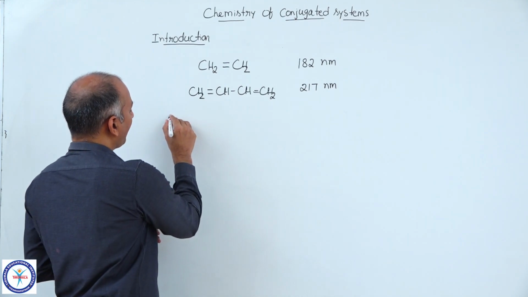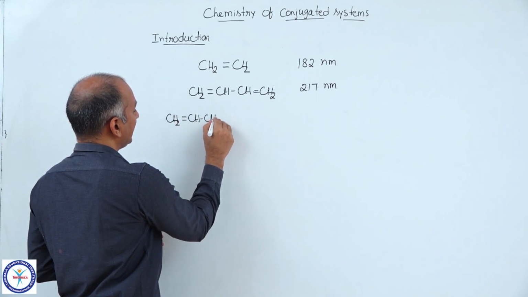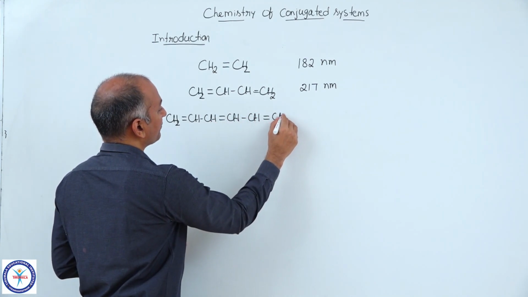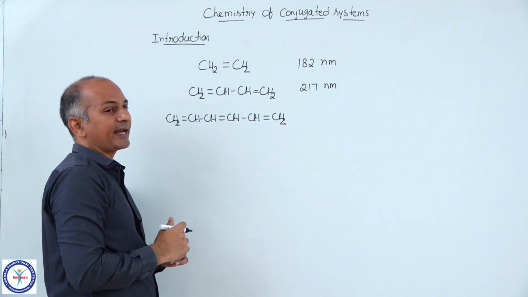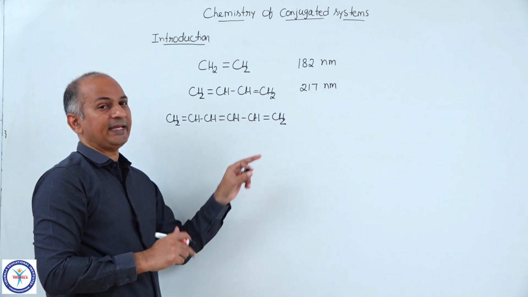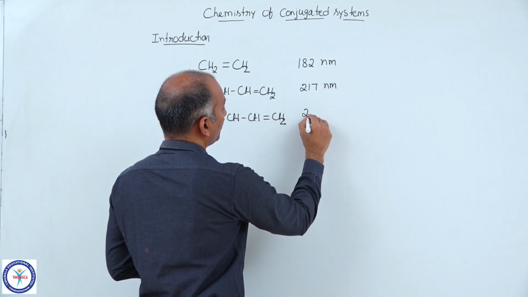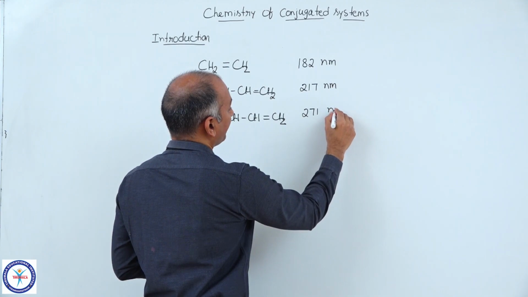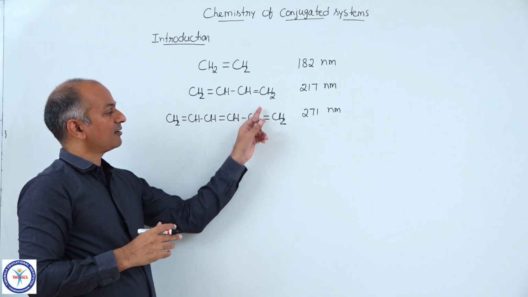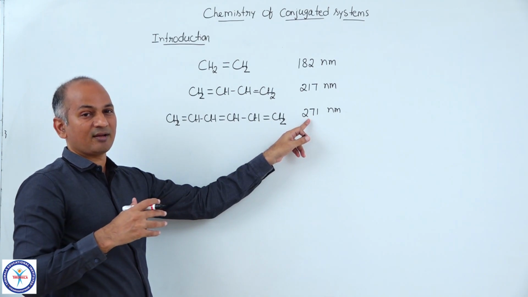Now, another compound, CH2 double bond CH single bond CH double bond CH single bond CH double bond CH2, 1,3,5 hexatriene, absorbs light at 271 nanometers. And you see, the more the extent of conjugation, the more is the wavelength at which those compounds absorb light.